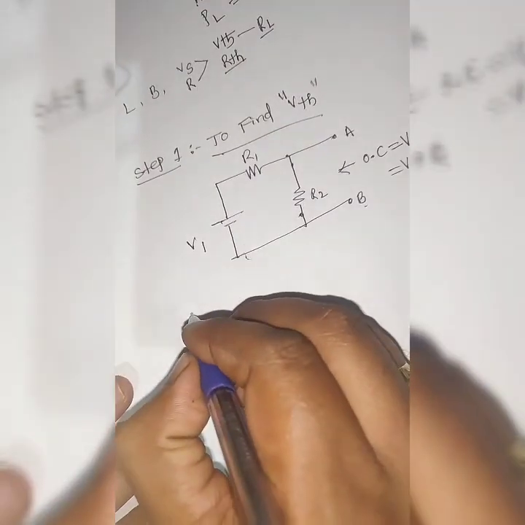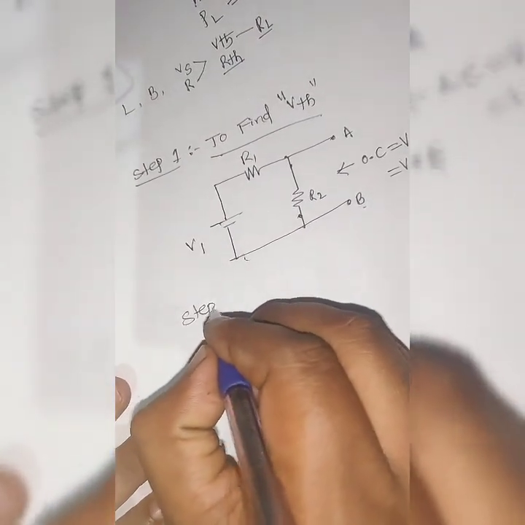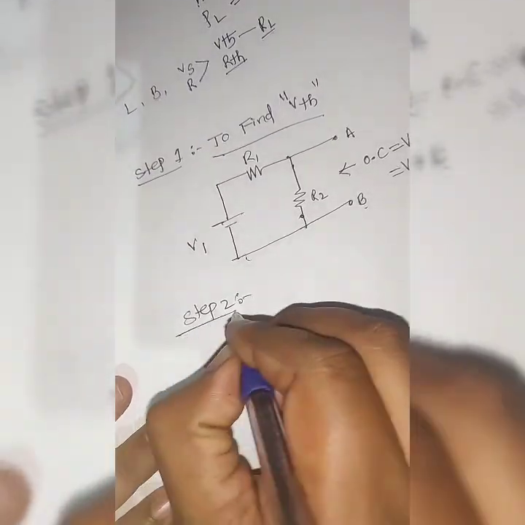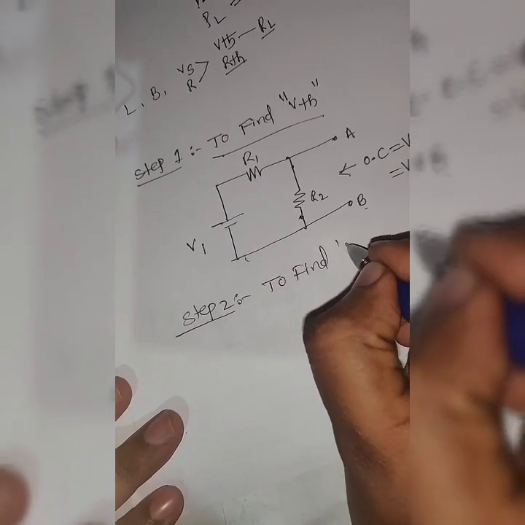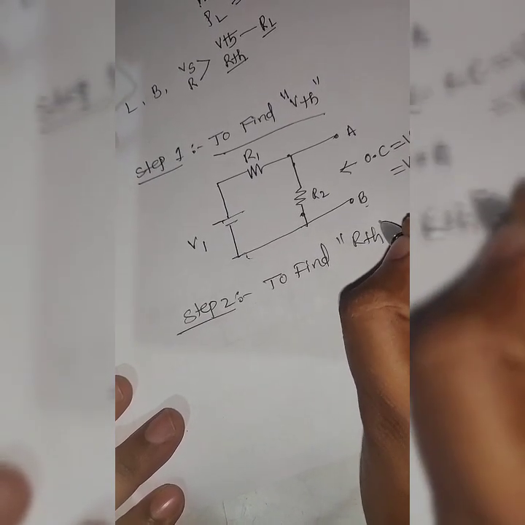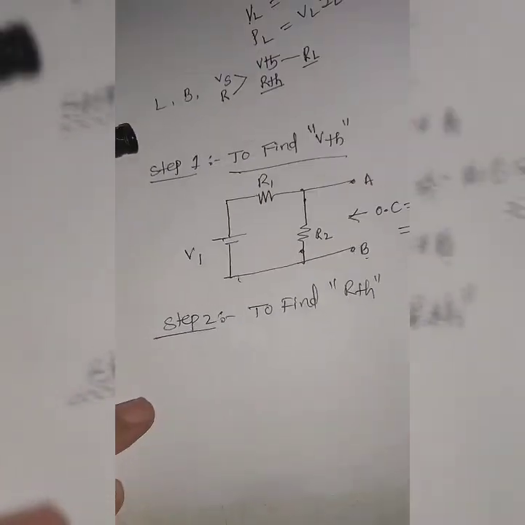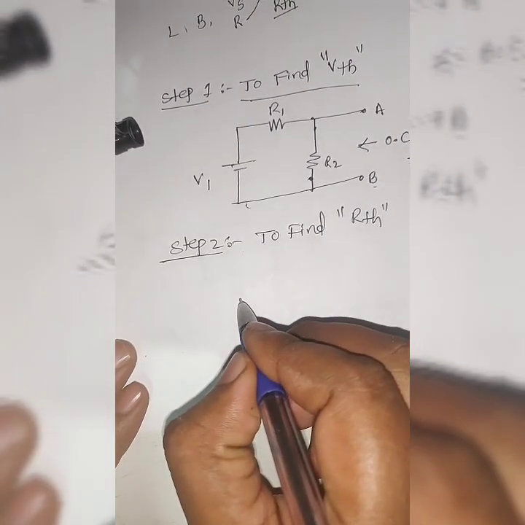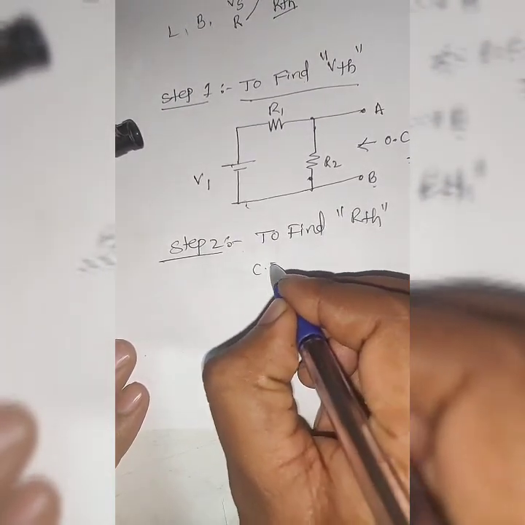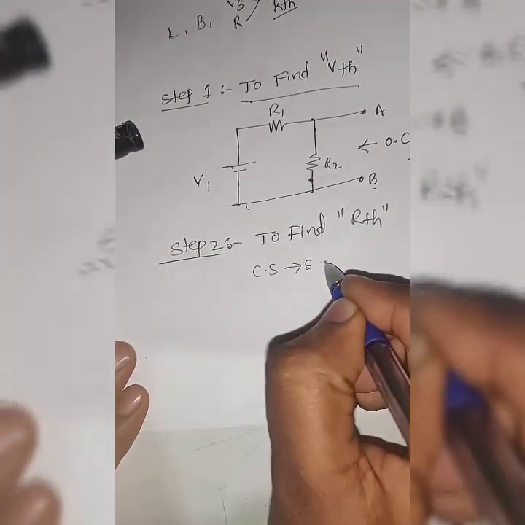Next, step 2. In step 2, we find RTH, the Thevenin's resistance. In the circuit, look at the sources we have. If voltage sources are there, just short circuit them.